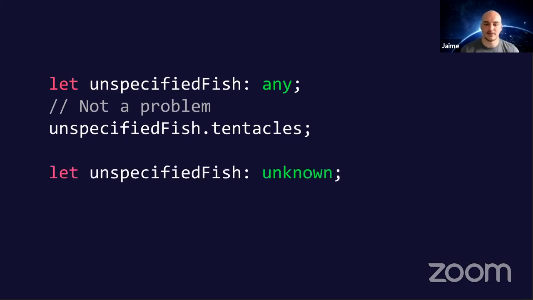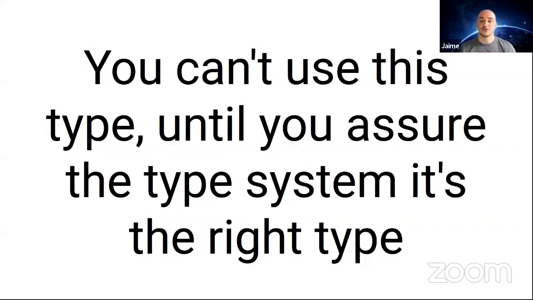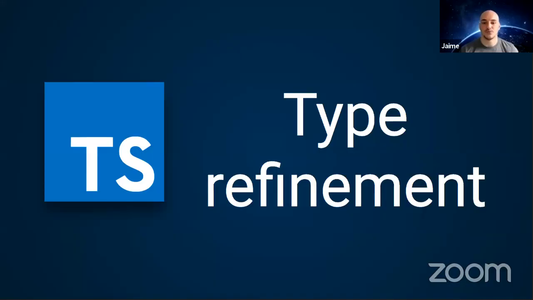It doesn't happen. There's no problem. But if you try to do it with unknown, you get an error because the type system doesn't know anything about it because it's unknown. So you can't use this type until you assure the type system that this type has the right type. So the way that you do that is with type refinement.